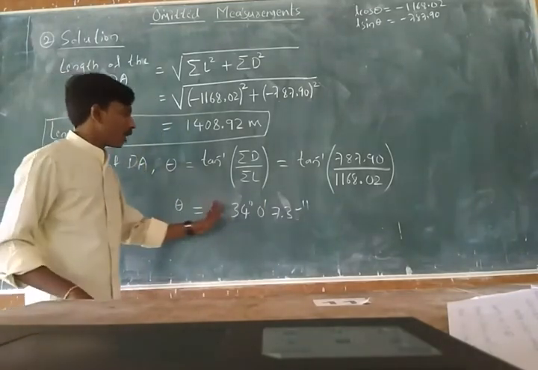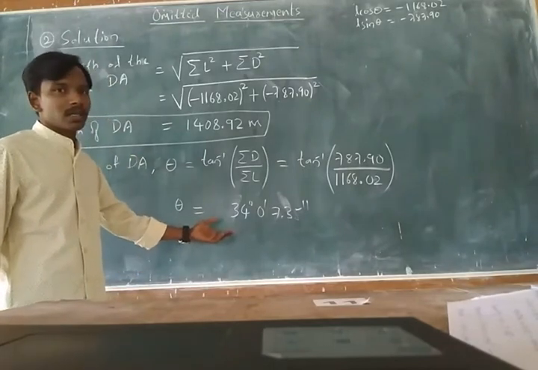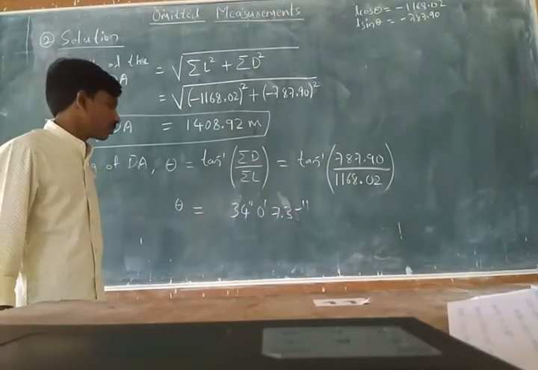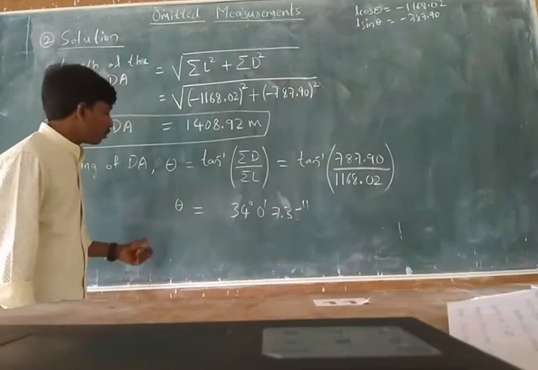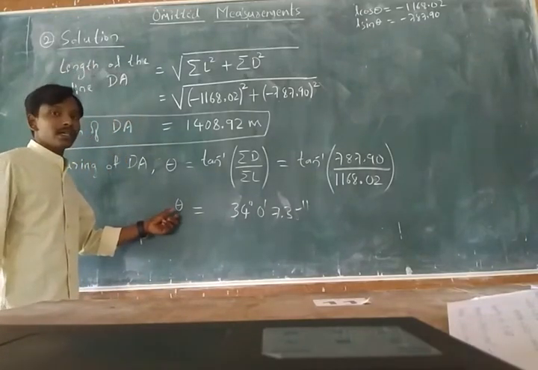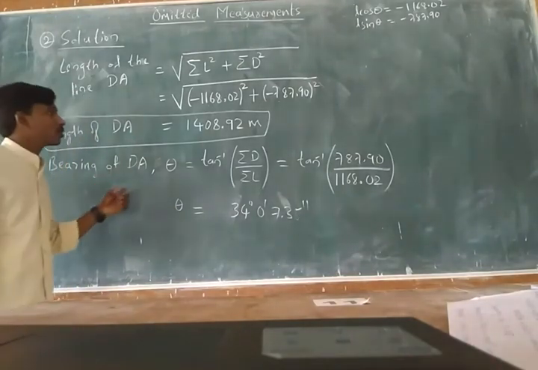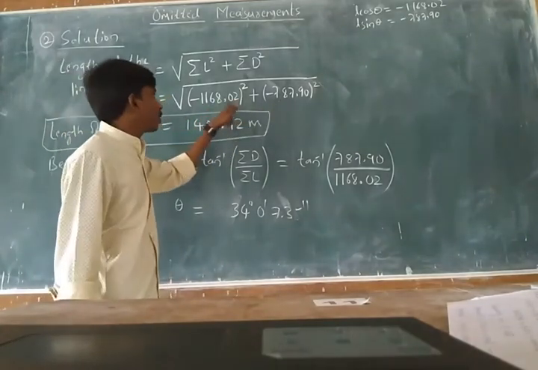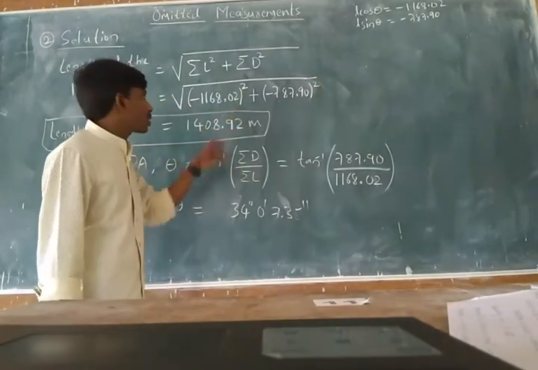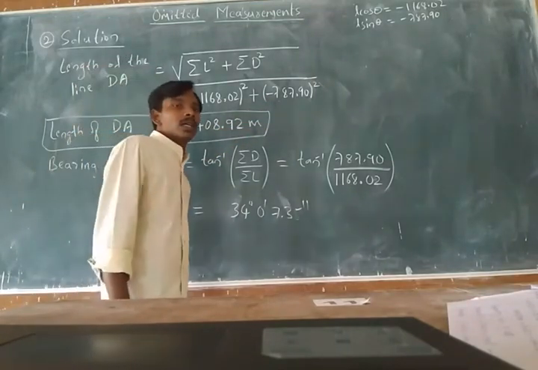So always we have to denote the direction, either it may be north east, south west, south east, north west, anything. So now we have to write the exact direction for the bearing of DA. Here you can observe, as the latitude and departure both are negative, as we have already discussed, these both negative values will lie in the third quadrant.